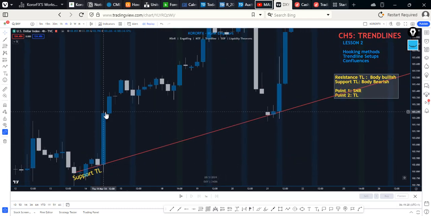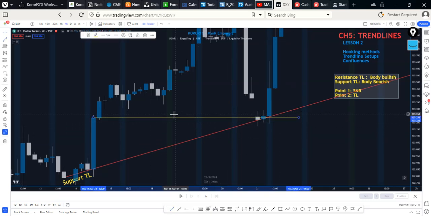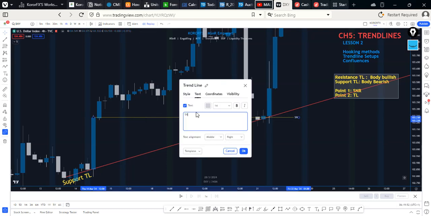For example, we can see that price is really pointing. What is point 1? Before you wait for the price to touch this trend line, this is point 1. SnR must be point 1. Before you place the trend line, you must get the SnR.